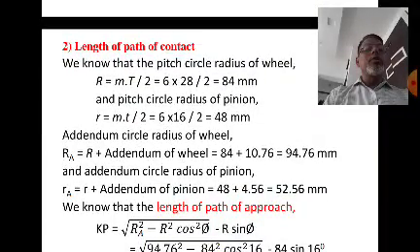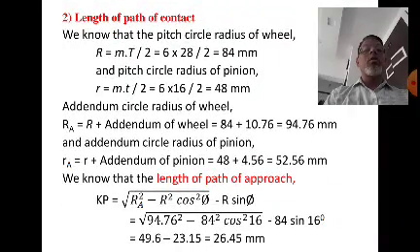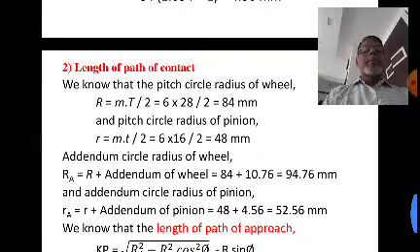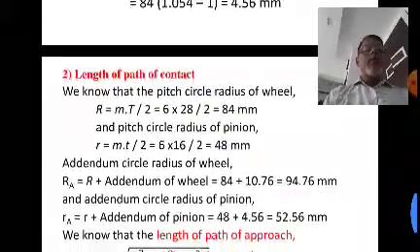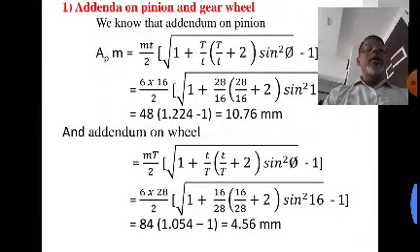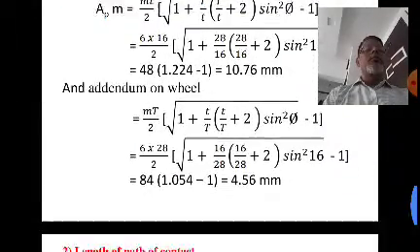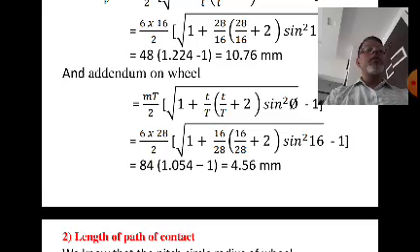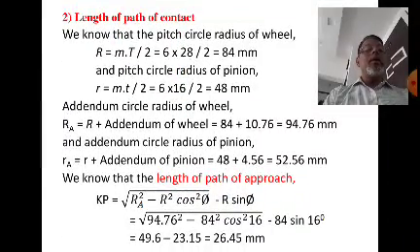So you should substitute here 4.56, that gives you 88 point something. There, this was wrong. And the addendum circle radius of the pinion, small ra, is equal to small r plus addendum on the pinion. Addendum on the pinion is 10.76. You check these values and then substitute here, right?